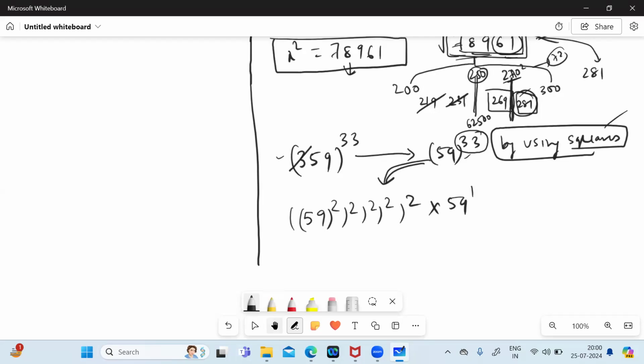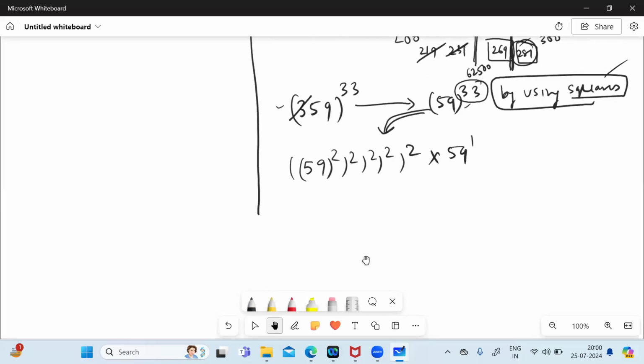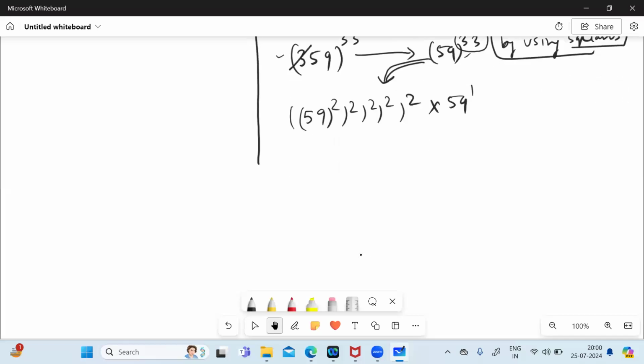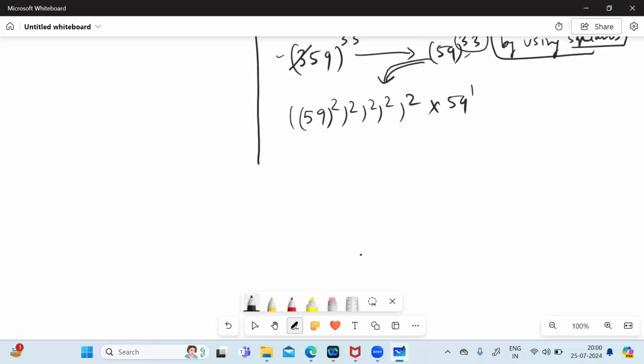Now just see the smart thing that we'll be doing here. I know that 59 square will not be a two-digit number, but I just have to write the two-digit number, because other digits will not be responsible for the last two digits. So 59 square with one power will give you 81.